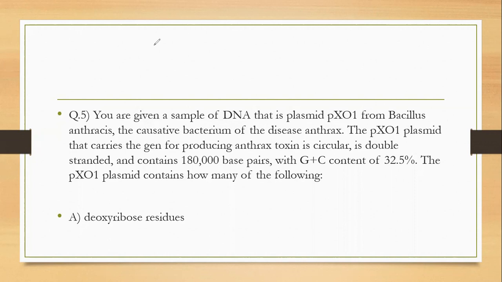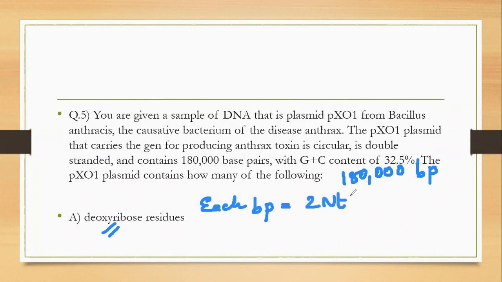So we know that in DNA, it is already given that it has got 180,000 base pairs, right? So the first question they're asking is how many deoxyribose residues are present? So we know that in each base pair, there are two nucleotides, correct? And one nucleotide has got one deoxyribose sugar, one phosphate group, and a purine or pyrimidine, right?